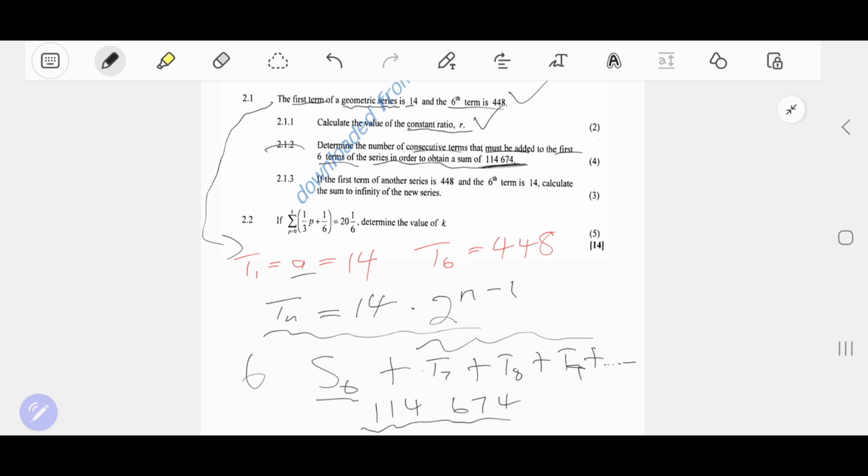But you are not interested in the terms in total. What do you want? We want the number that must be added here in order for us to get this number. So this is how you're going to deal with the situation.